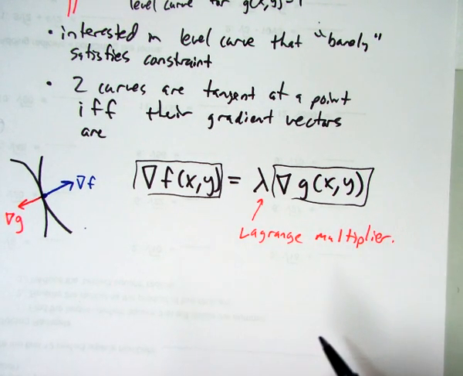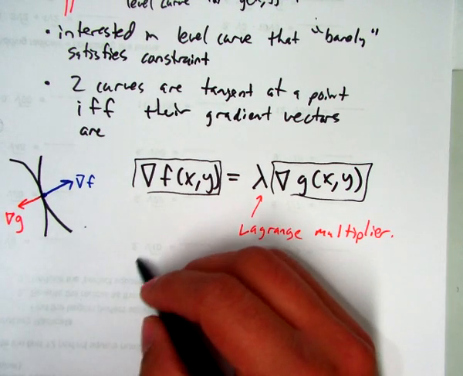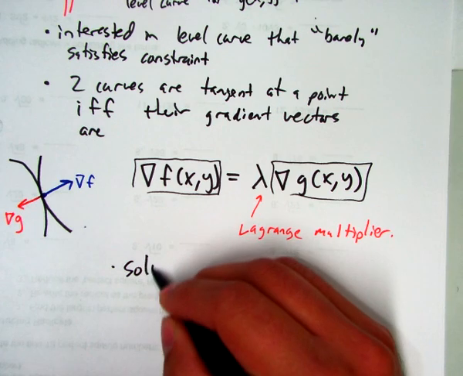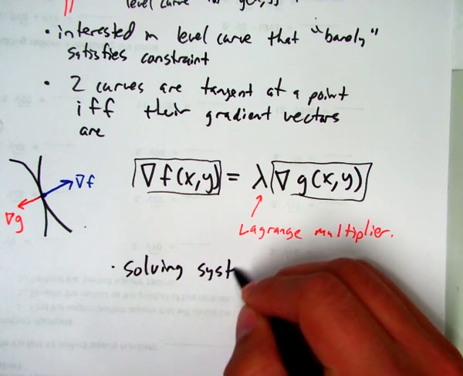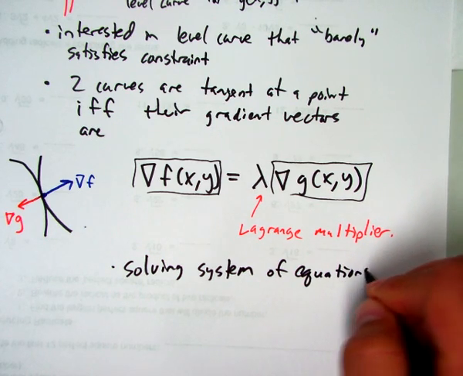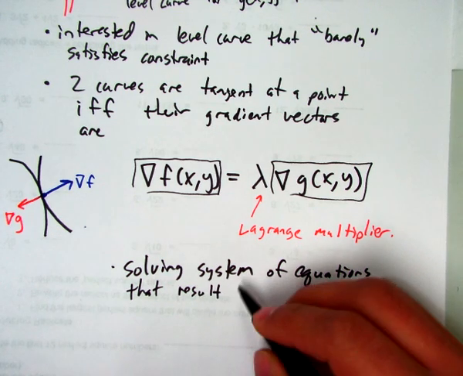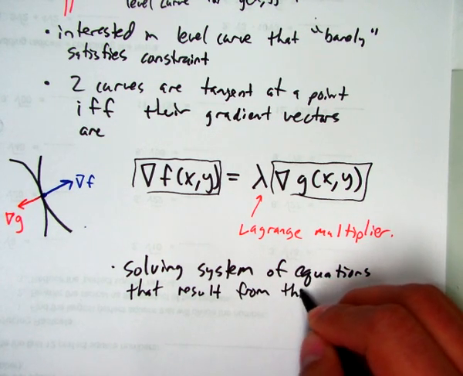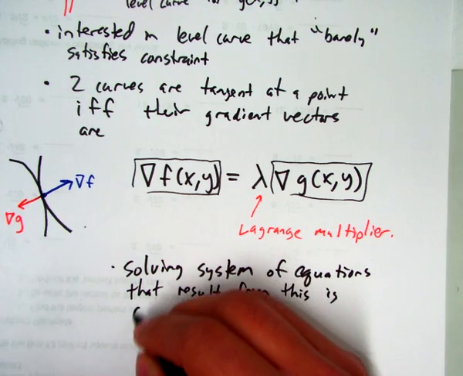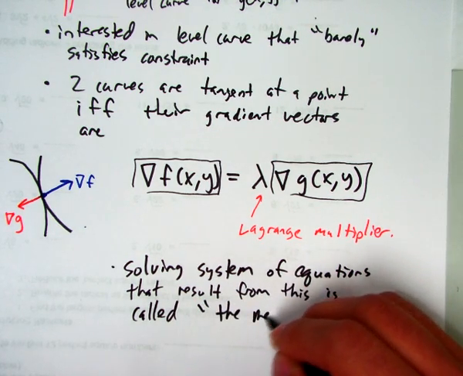So if you identify the constraint and you identify what the function is that you're maximizing or minimizing, you set up this system of equations here, and then you solve. Solving the system of equations that result from this is called the method of Lagrange multipliers.